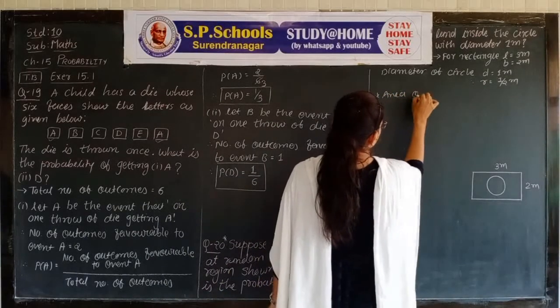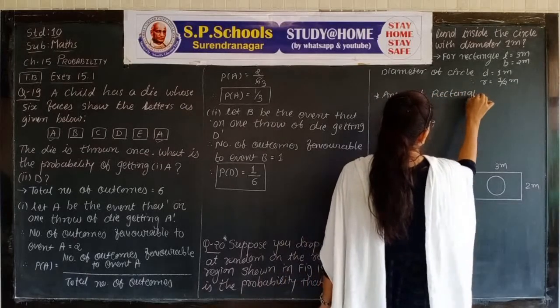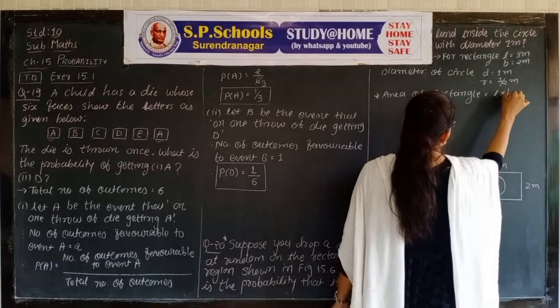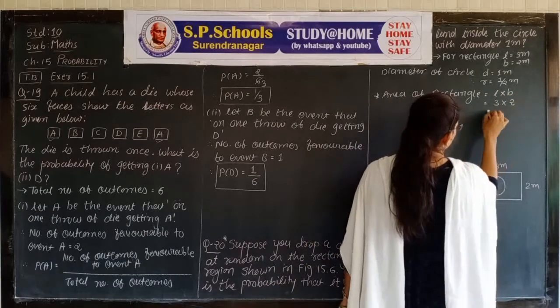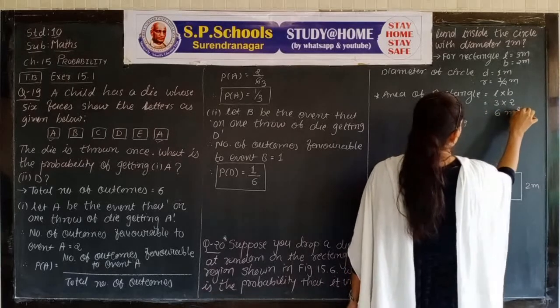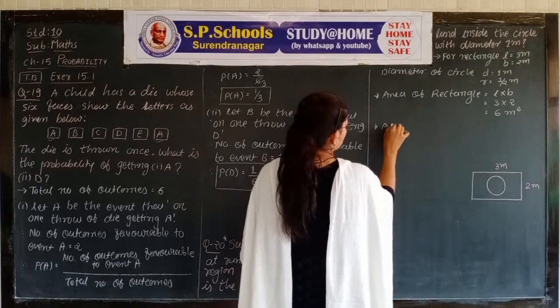Area of rectangle is equal to length multiply breadth, where length is 3 and breadth is 2. 3 2s are 6. The unit is meter square for area. Now the area of circle.